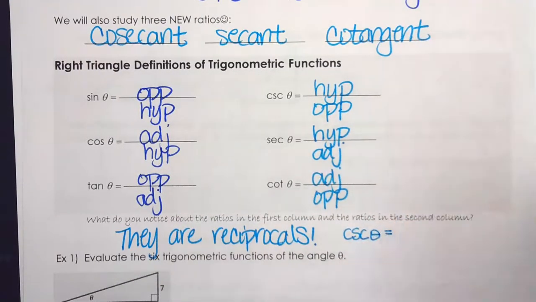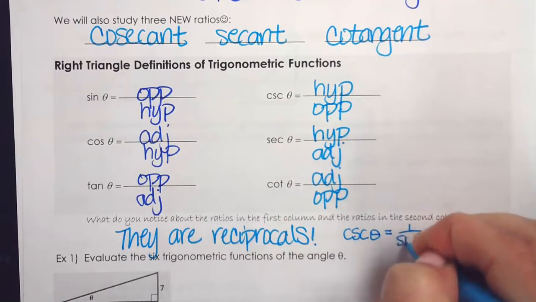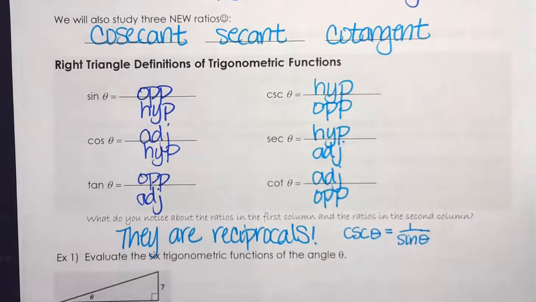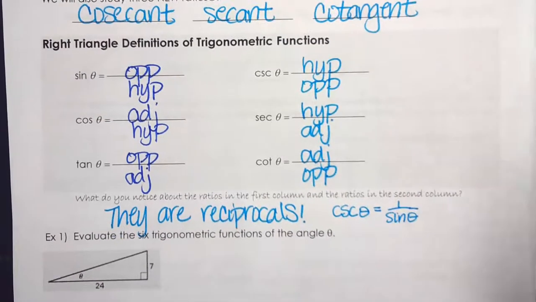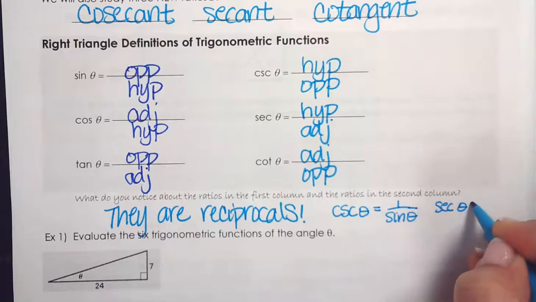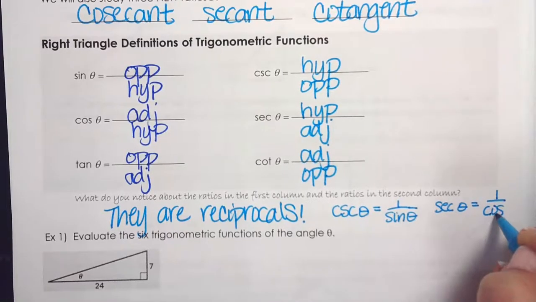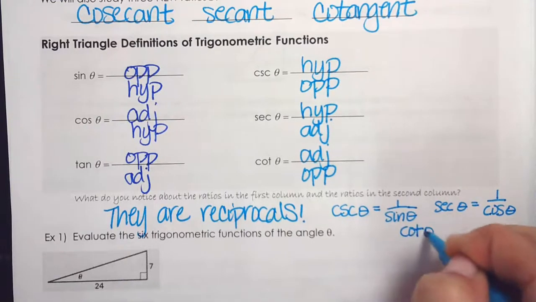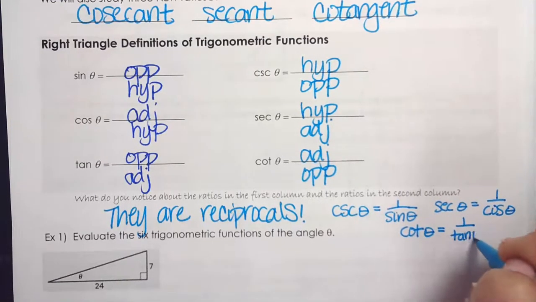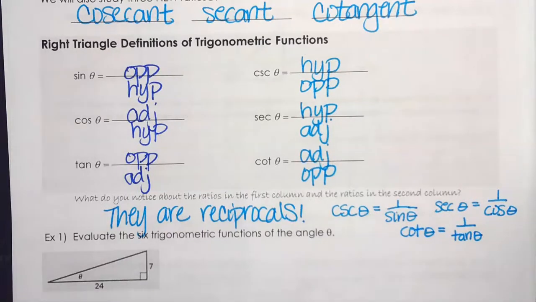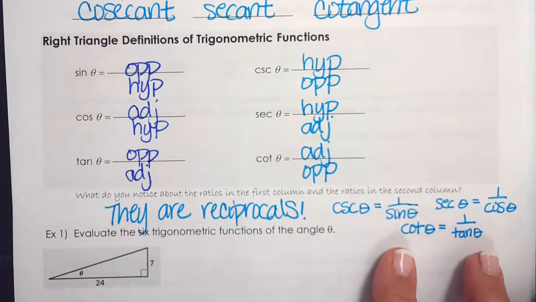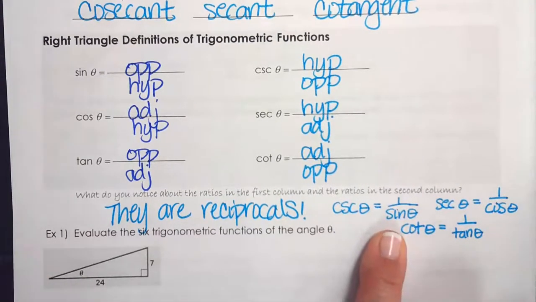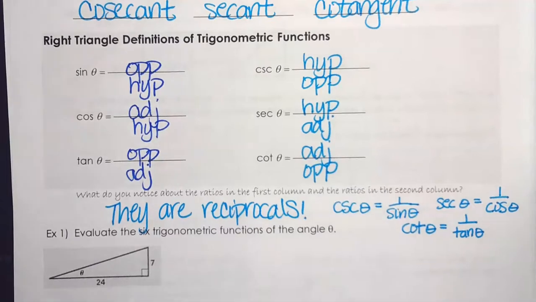The cosecant of theta is 1 over the sine of theta. The secant of theta is the reciprocal of the cosine. And the cotangent of theta is the reciprocal of the tangent, okay? So again, yes, if it's just one number, you can put 1 over that, but I think it's important that we remind you that 1 over whatever is the notation for a reciprocal.